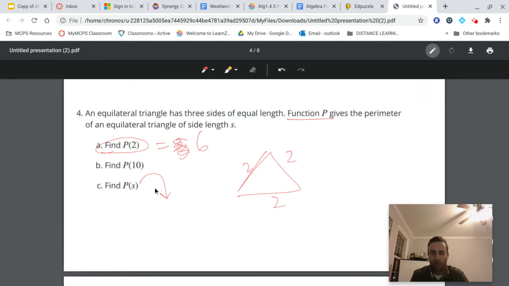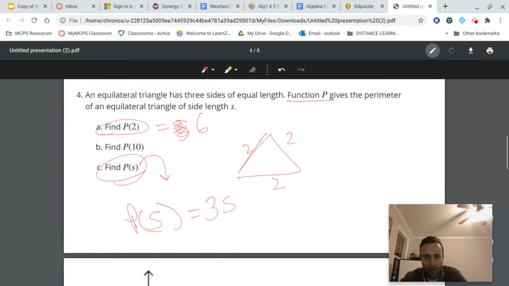But I want you to be very careful because it's saying find how you would get P of s. Hopefully on that last one, because the s was in there, you would have said 3 times s. We kind of already did that one, so that was a little bit of a gift, but that's how you would have done that one.